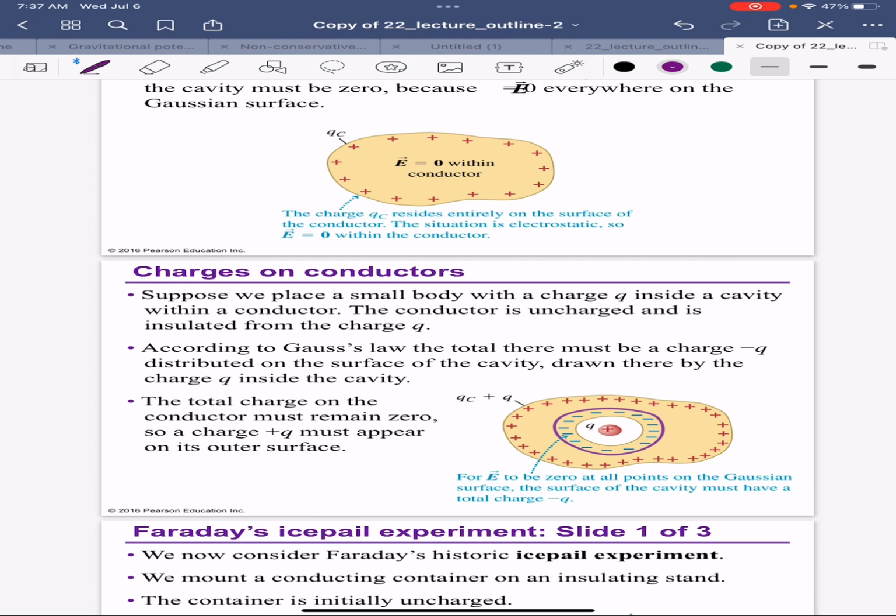Now, if we have that same thing, but with a cavity, and we put another charge inside it, then the conductor is uncharged and insulated from charge Q. According to Gauss's law, a charge negative Q must be distributed on the surface of the cavity, drawn by this charge here, and the total charge on the conductor must remain 0, so the charge plus Q must appear on its outer surface, because these cancel each other.